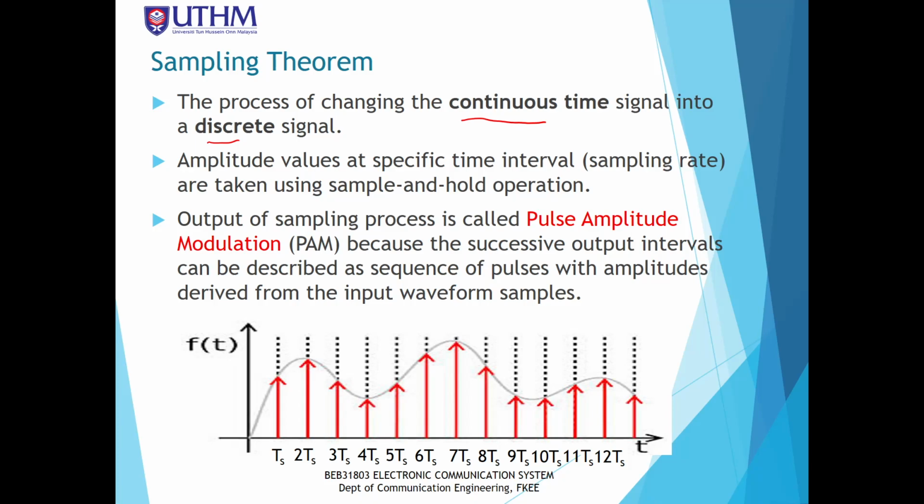The output of this sampling process is what we call the pulse amplitude modulation signal, the PAM signal, as in this picture.